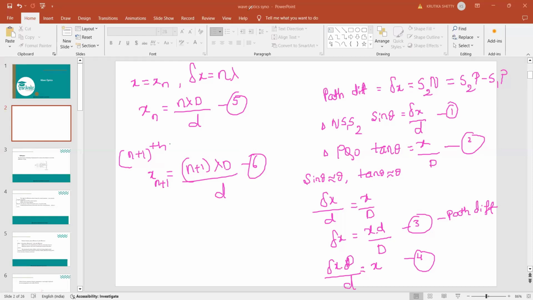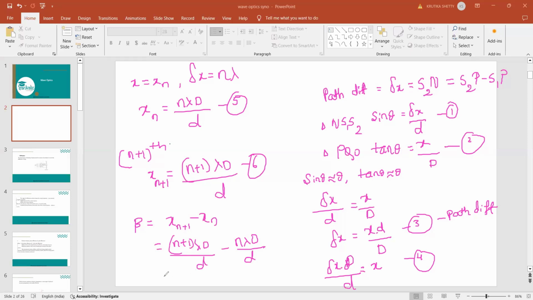So how do you define fringe width? So fringe width is nothing but it is the difference between the two consecutive bright or the two consecutive dark fringes. So here these two are the bright fringes. So take the difference, that is x raised to n plus 1 minus xn, which is equal to n plus 1 into lambda into d divided by small d minus n into lambda into d divided by d.